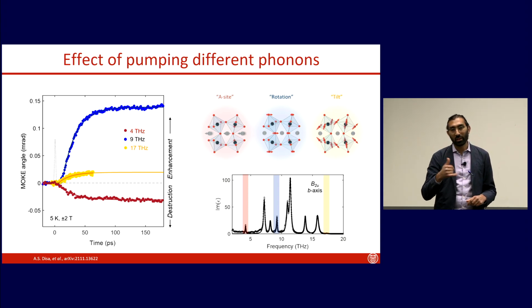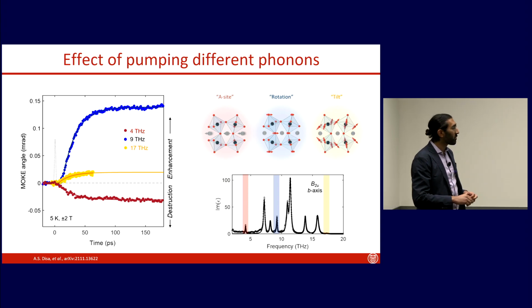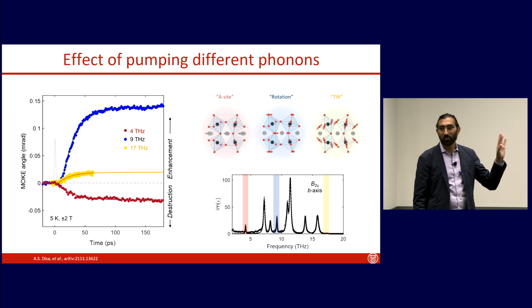Since you have both the ellipticity and the angle, you can invert this equation. We found that changes in the magneto-optic constant are quite small, like 10 to the minus 2 or something like that. So I think that's not what's happening here.